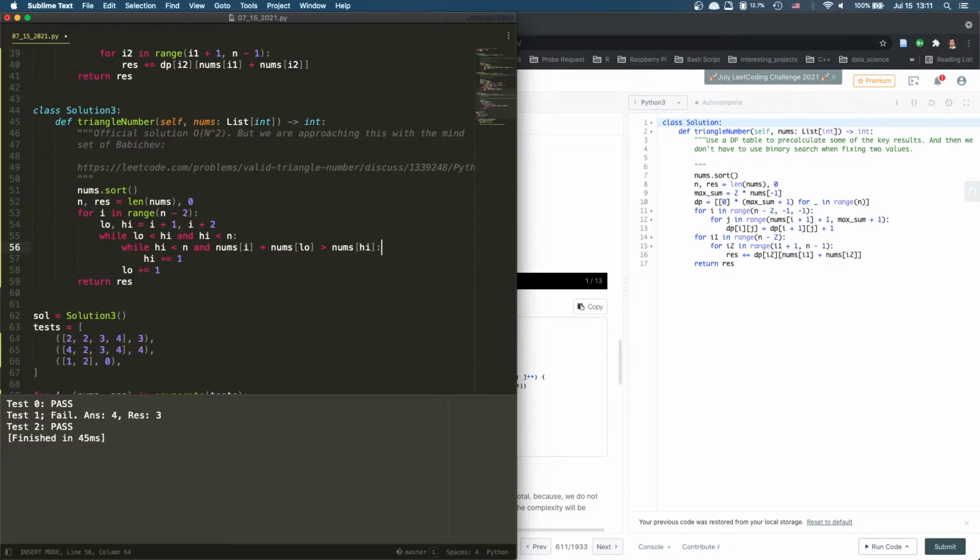And that means the sum of these will also be larger than any of these values, which means we can do all of this, plus this, and all of this. I still don't understand.